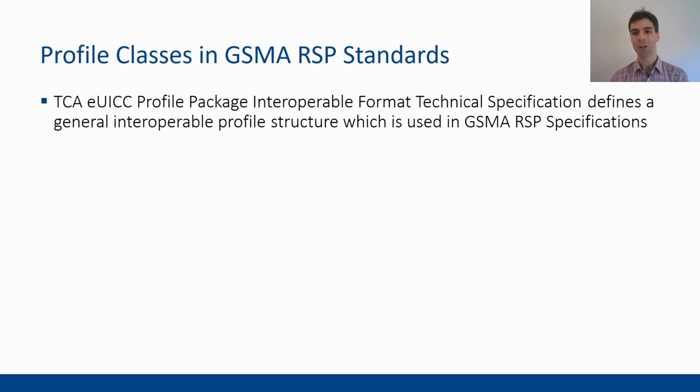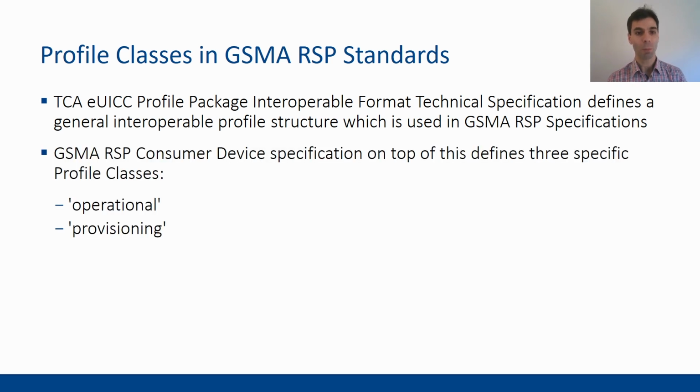This structure is used in the GSMA RSP specifications, but on top of this, the GSMA RSP consumer device specification defines 3 specific profile classes: operational profiles, provisioning profiles, and test profiles.